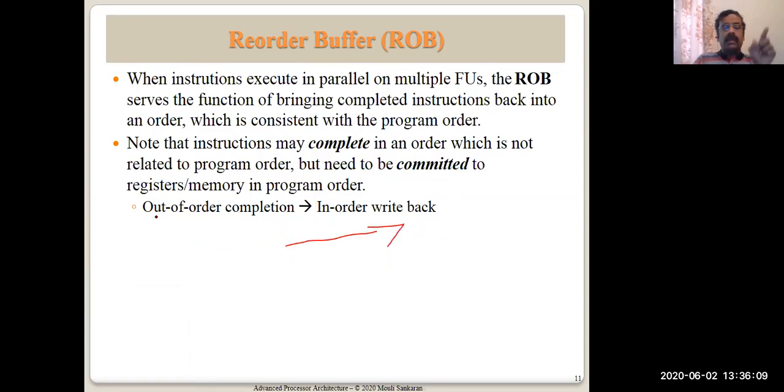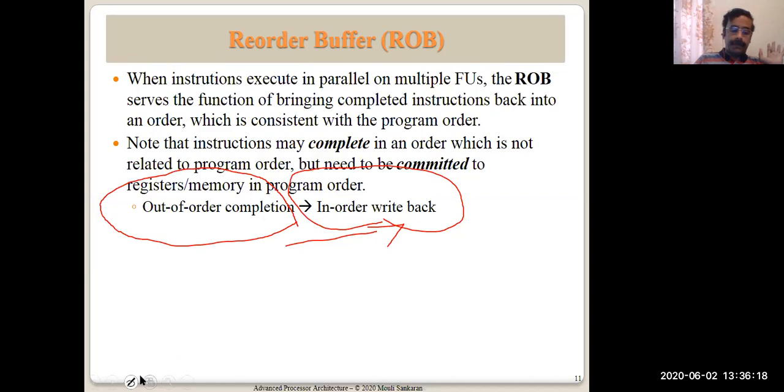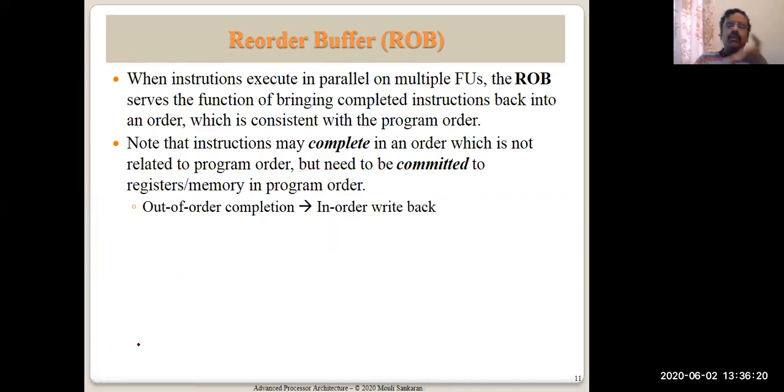ROB helps in writing back the results in order, though the completion happened out of order. So what happens? It will be held in the ROB. It will be waiting in the ROB so that the results are written into the register set in the original order. Till then it will wait.